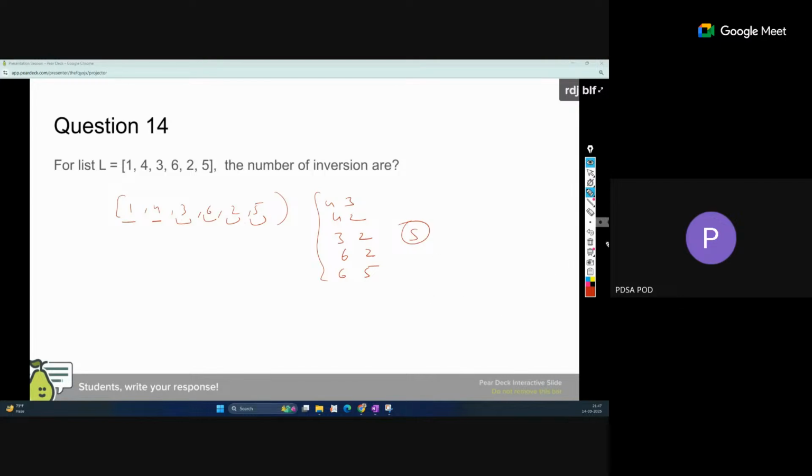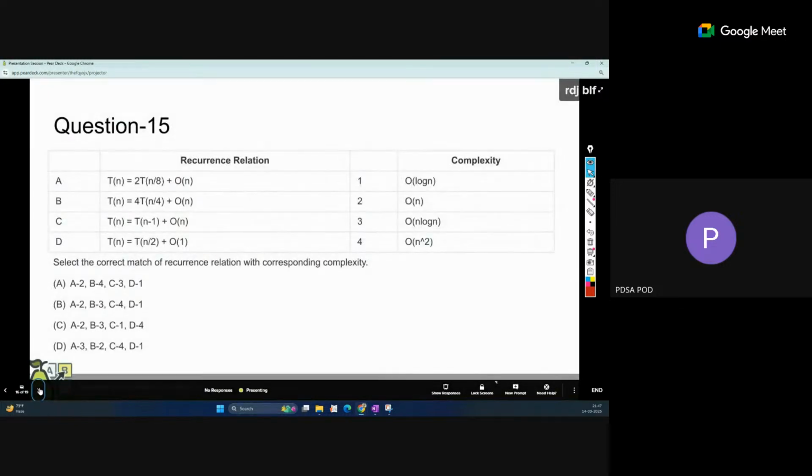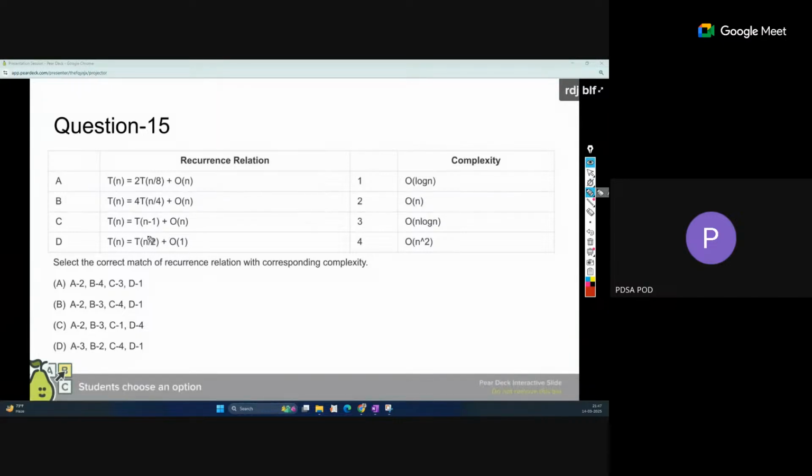Okay. Again, this is complexity based, so we have seen this complexity. You can calculate what type of complexity we have seen.